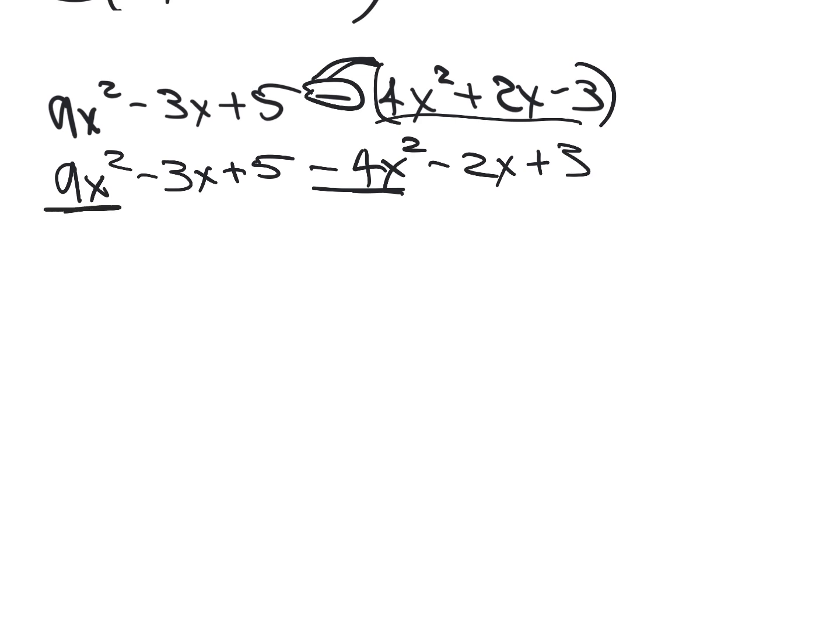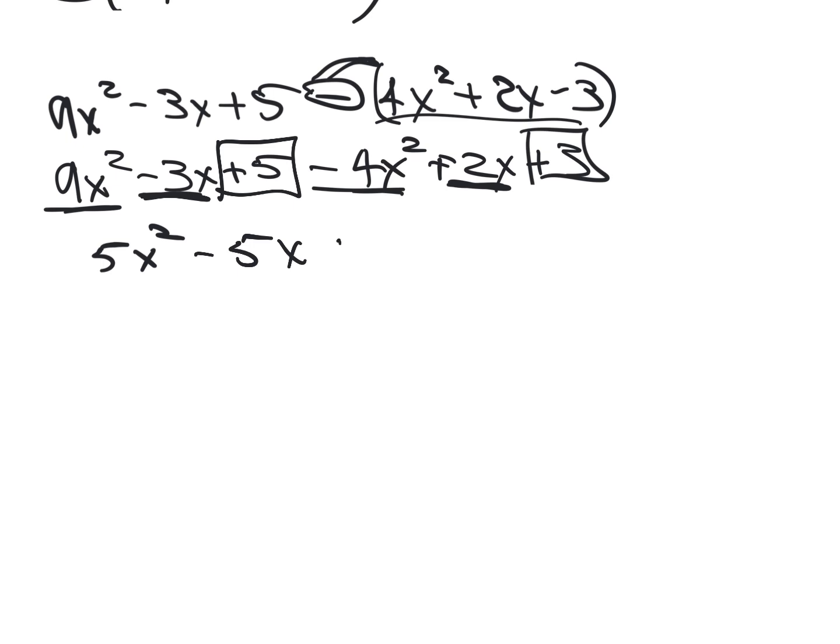So these two, 9x squared minus 4x squared is 5x squared. Negative 3x minus 2x, or plus negative 2x. So minus 3x plus negative 2x is negative 5x. And then we've got a plus 5 and a plus 3, plus 8. So that's our answer for that example 8.